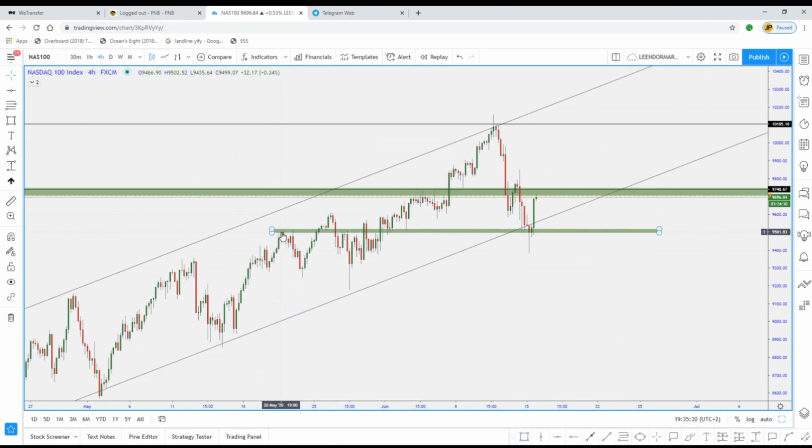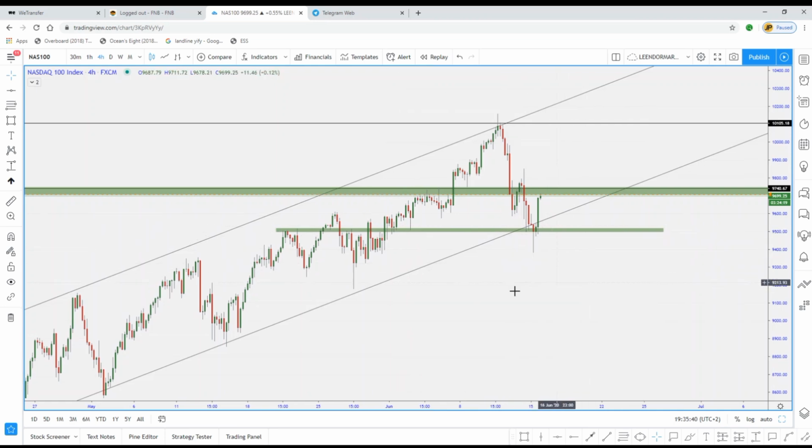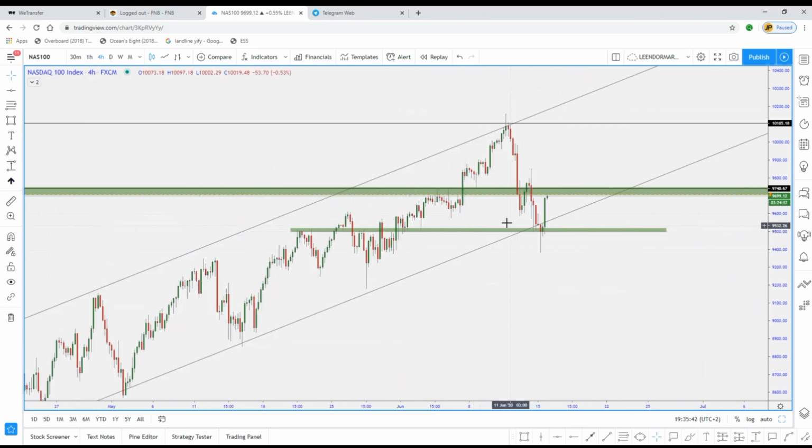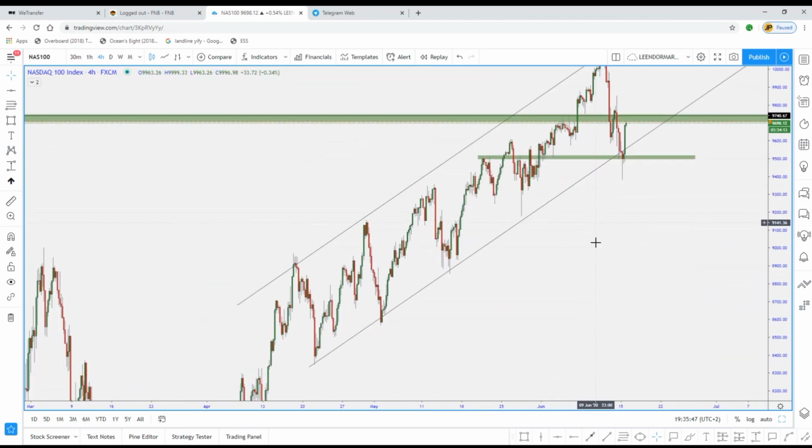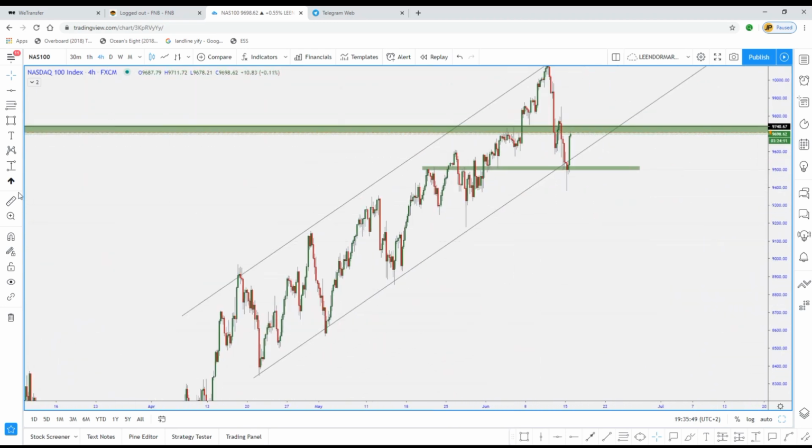Look at how the market turned there: break, fake out, came back below, tested, fake above, tested, support, support. Now we came and tested that support level. As soon as we see a close above that support level, this would have indicated to us that we can start looking for long.